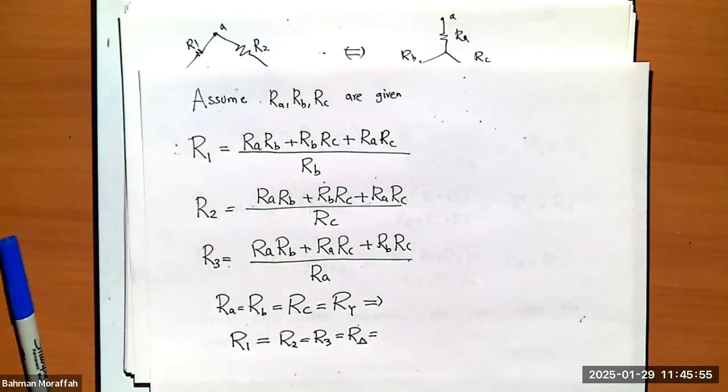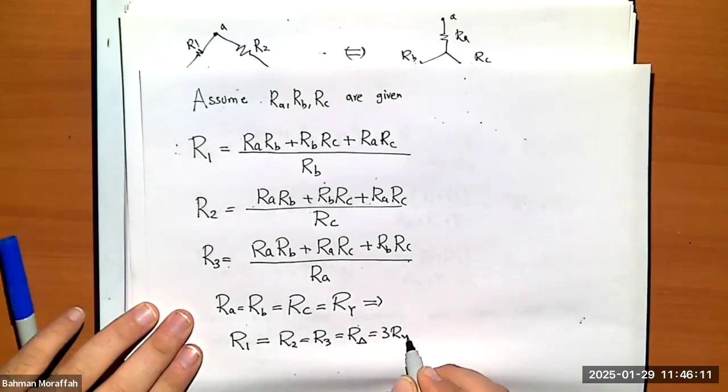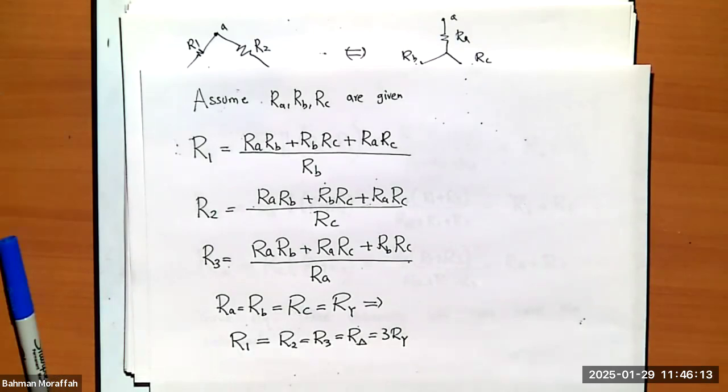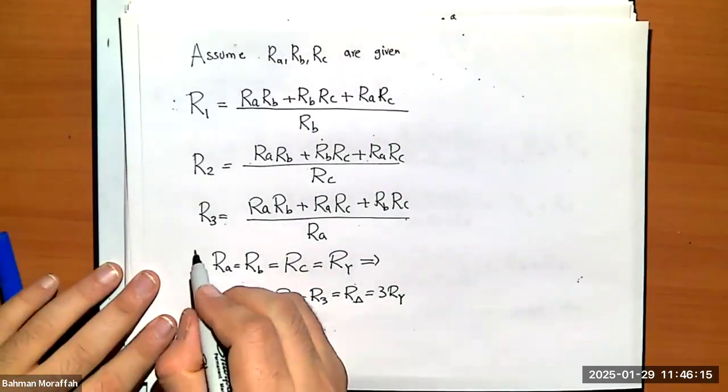Just plug them in here. You have RY squared plus RY squared plus RY squared divided by RY. So it's 3 times RY. So R delta is 3 times RY. It's just a special case.